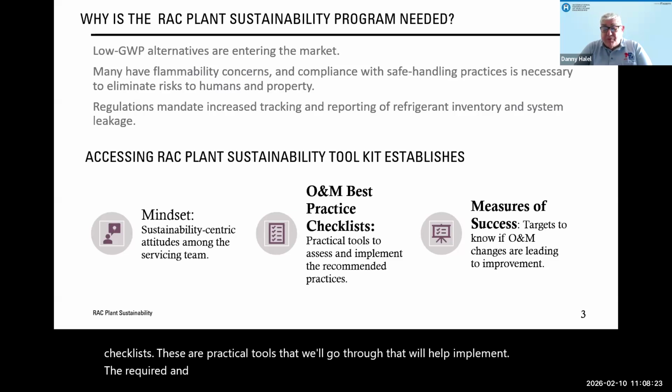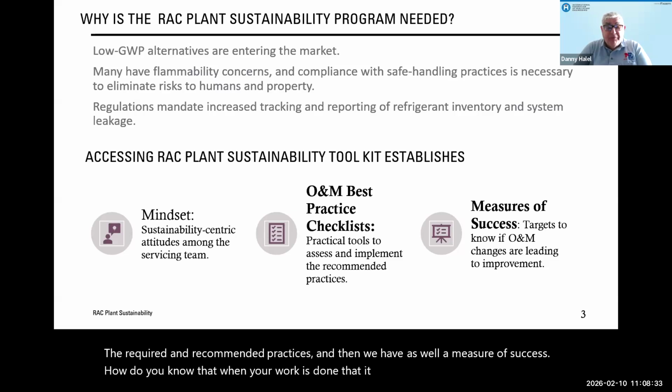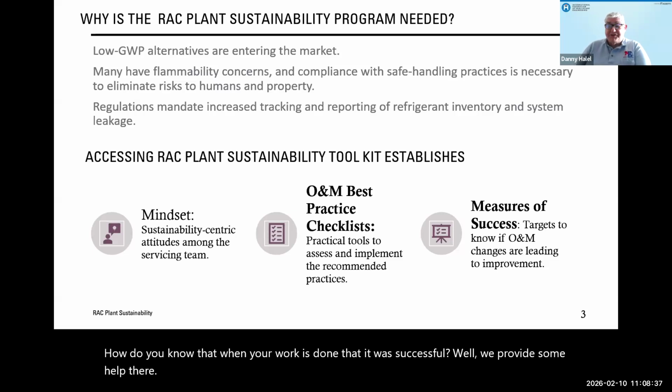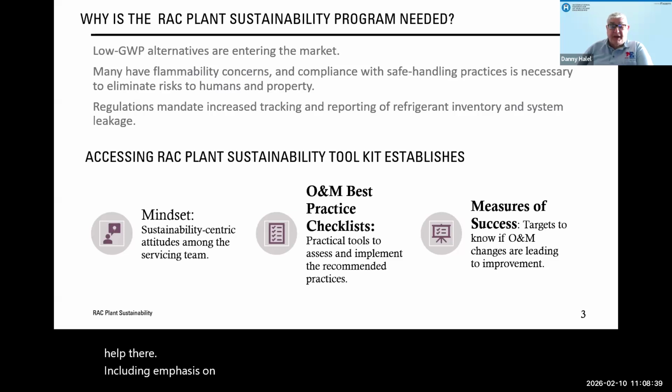And then we have as well a measure of success. How do you know that when your work is done that it was successful? Well, we provide some help there, including emphasis on preventive maintenance through regular inspections and upkeep to the RAC equipment.